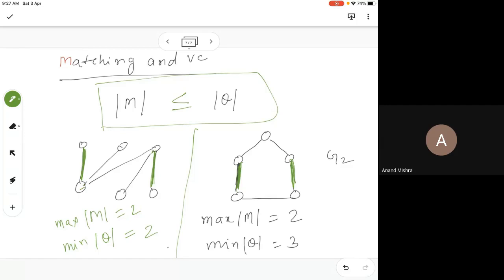You can intuitively see that because the vertex cover is those nodes which cover the edges. This is true for any graph, right?